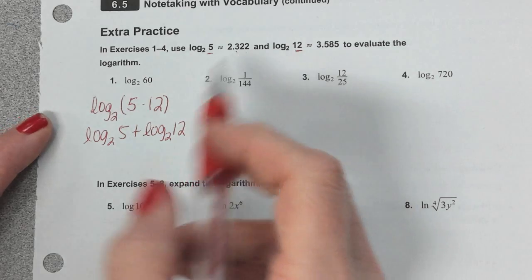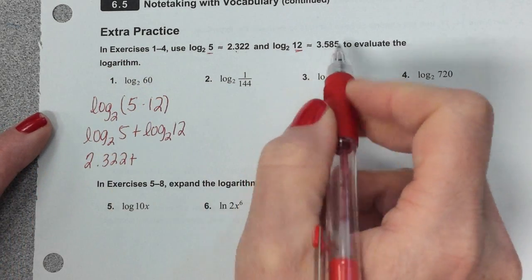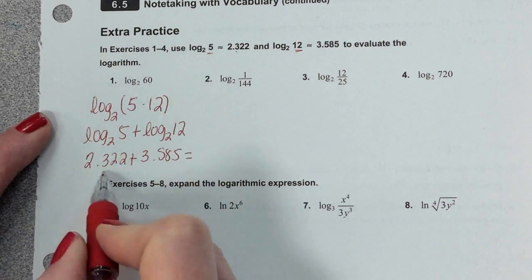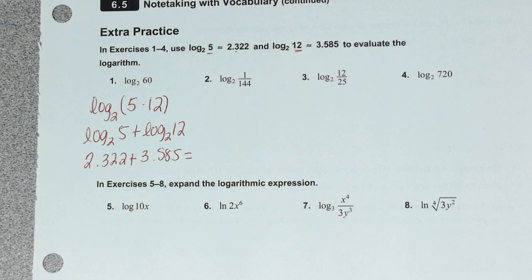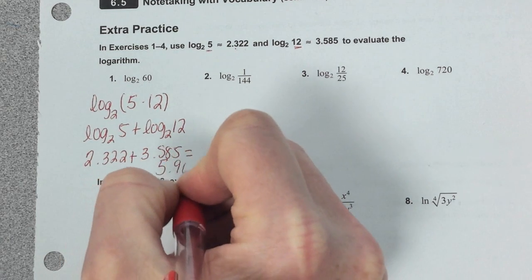So log base 2 of 5 we know is 2.322. Log base 2 of 12 is 3.585. And then we can just add those two. So just adding those. And we get 5.907.